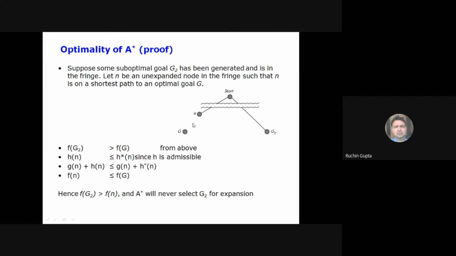It will definitely give me the path to the optimal goal node G. So A star will never select G2 for expansion. It will definitely select the node N for expansion instead of this G2 node. So this is actually the proof of the optimality of the A star algorithm.